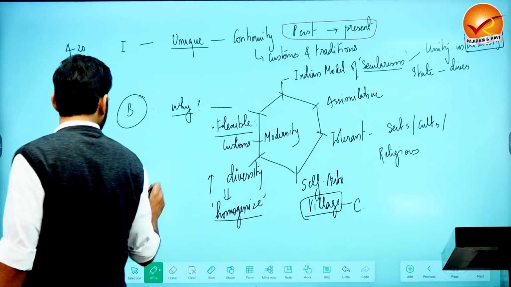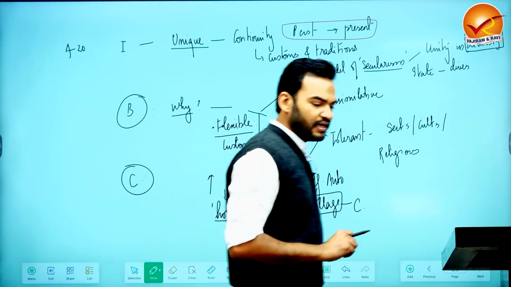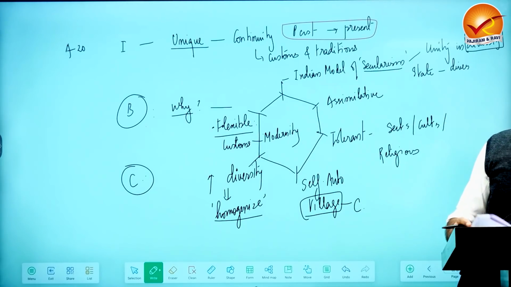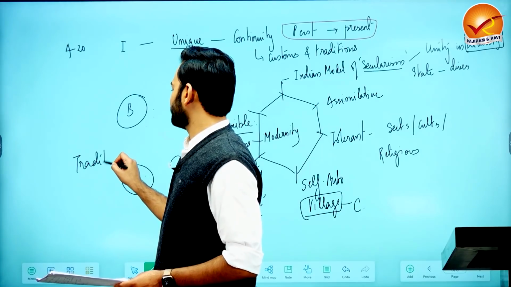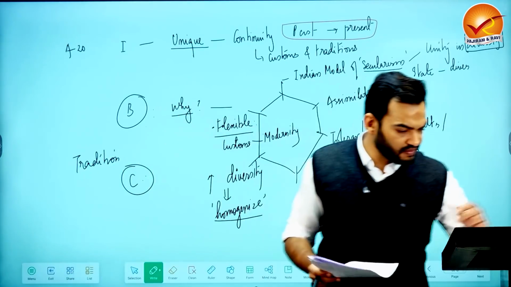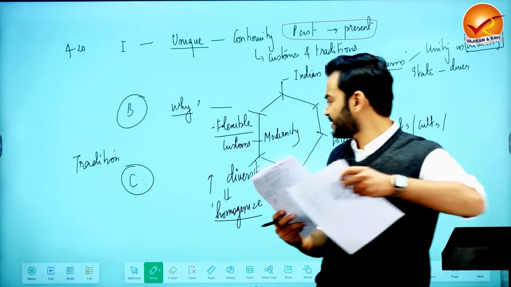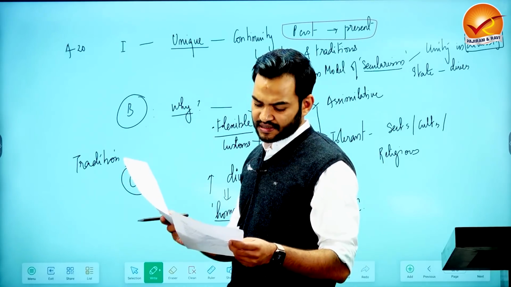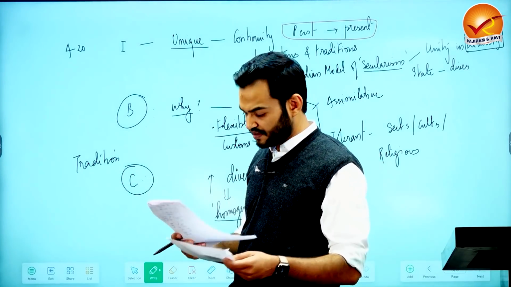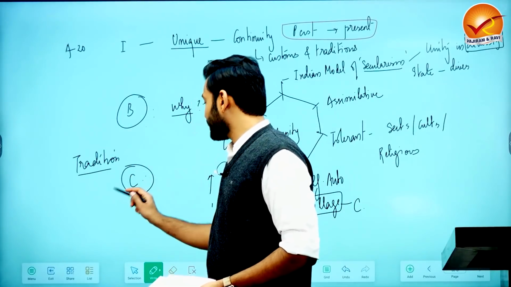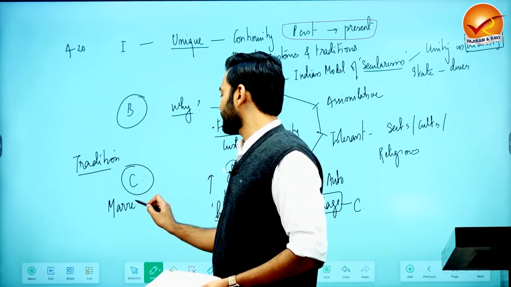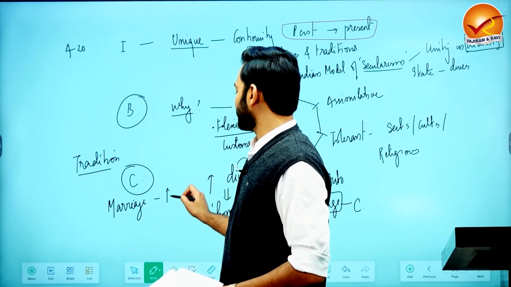Now in conclusion, what we can say here, what are the recent changes happening in the traditional values? Yes, basically we have to write changes taking place in traditional social values. So what are the changes taking place in case of marriage? There is an increase in age of marriage.